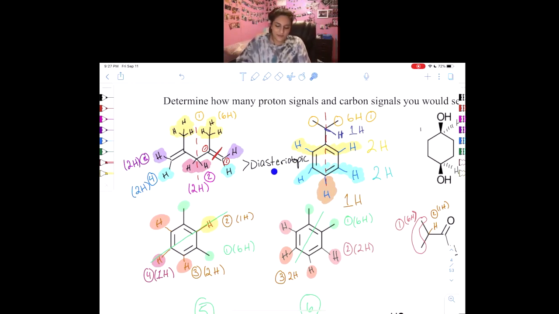But since we have symmetry, the 2 purple go together, or the 2 top ones, and the 2 bottom ones go together, aka the 2 blue ones. So we're going to have 2 signals coming from the double bond, and each of them are going to be 2H for their integration. So all together here, we have 4 hydrogen signals.